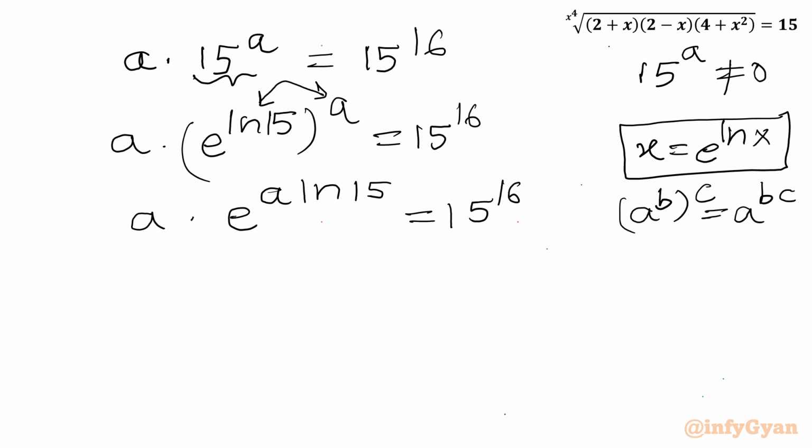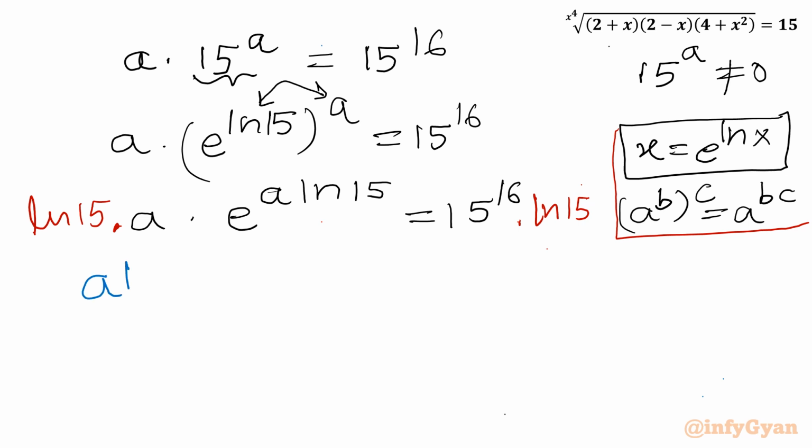Now let's multiply both sides with ln 15. So I will write ln 15 this side also ln 15. Now, if you look at the LHS, let me write a times ln 15 times e raised to the power a times ln 15 equal to 15 to the power 16 ln 15.